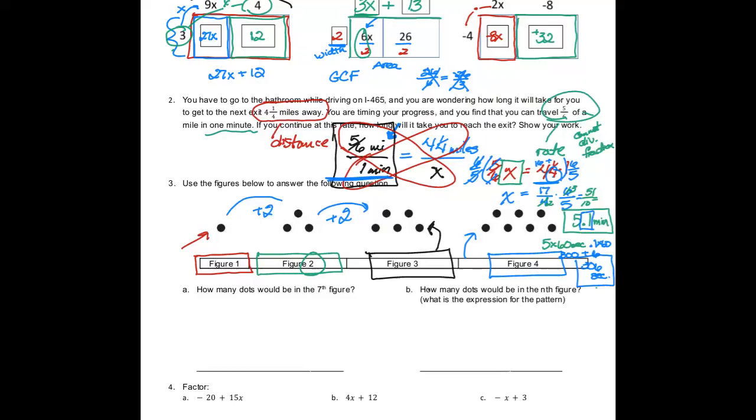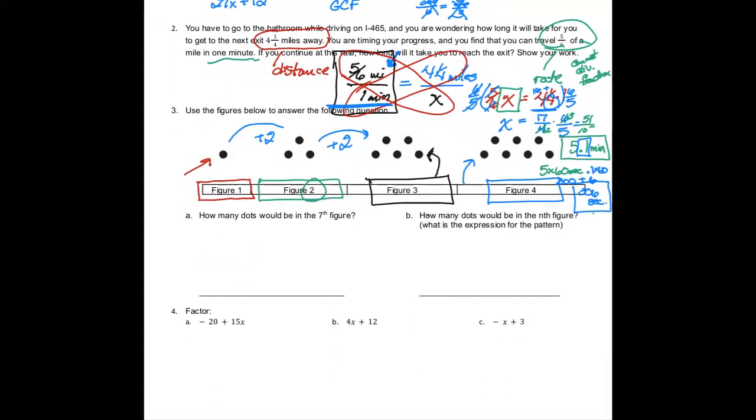Now, how does the row above it, because it's only 1 row each time that's being added, right? How does that compare with your figure number? It's always 1 less, yes.